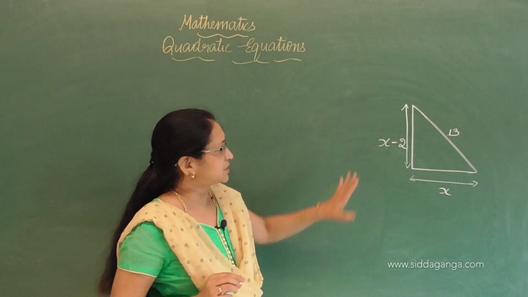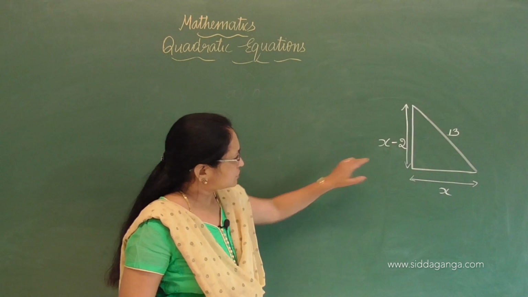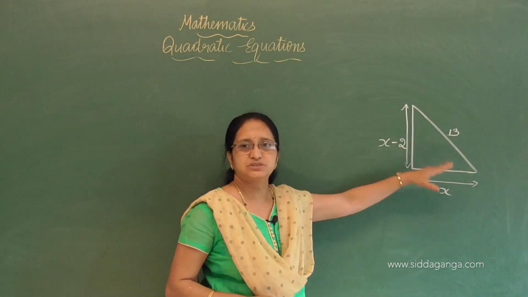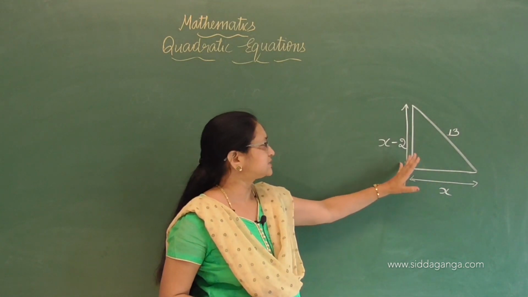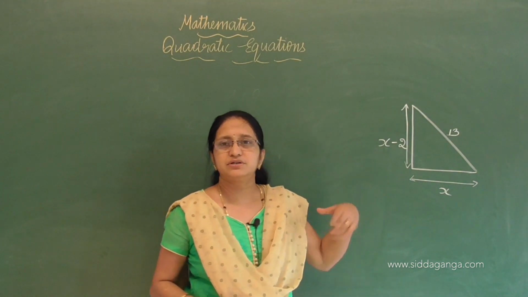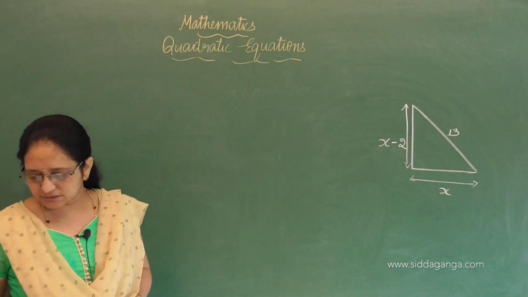So this is a right angle triangle, and the height is 2 less than the base. You have to represent it like this, and further, you have to use the Pythagoras theorem.